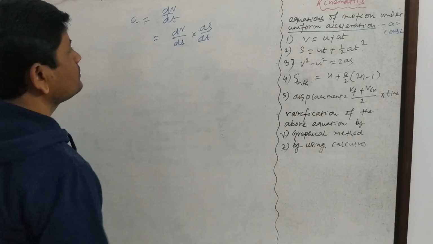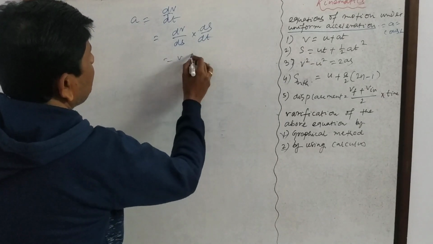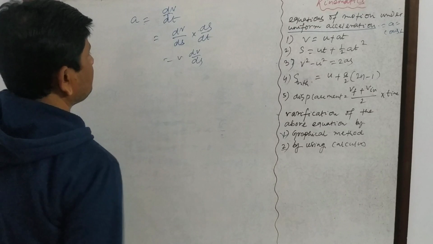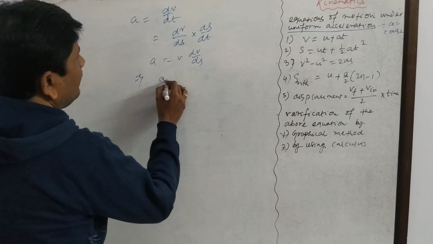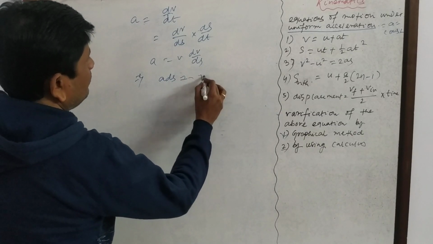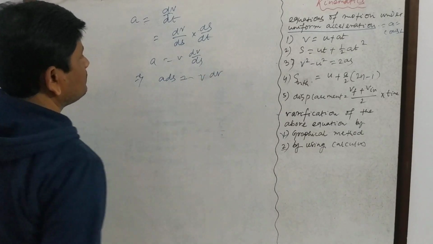Applying the chain rule, that is V dV by ds is equal to A. That implies A ds is equal to V dV.